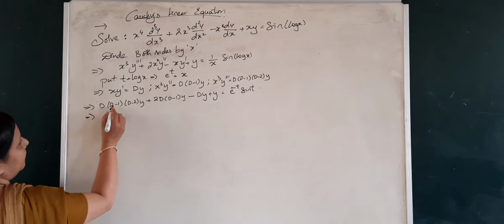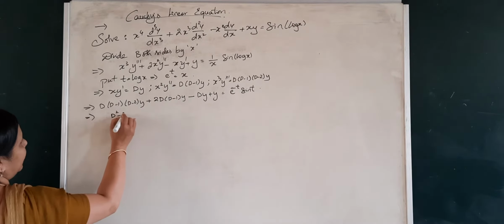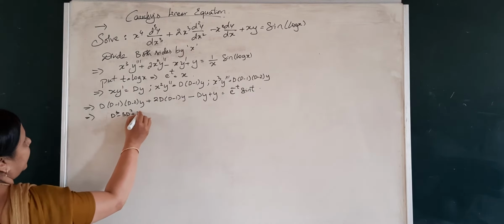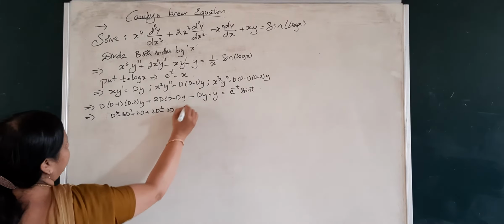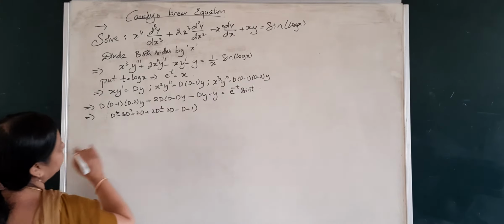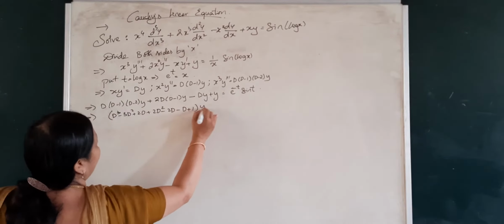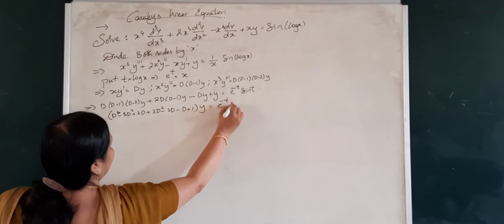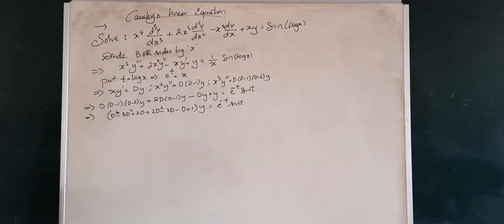So let us multiply. This is going to be d cube minus 3d square plus 2d plus 2d square minus 2d minus d plus 1, into y equal to e power minus t sin t. Simplify ahead.